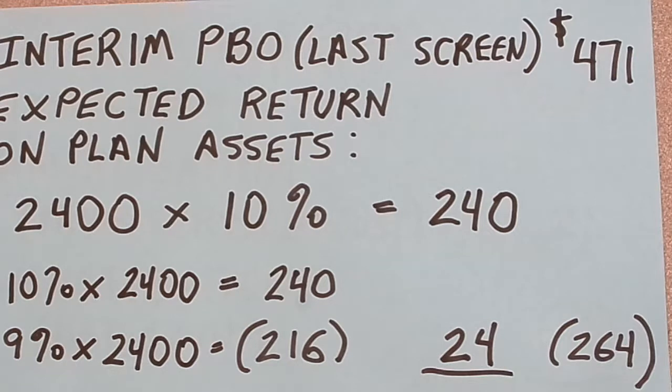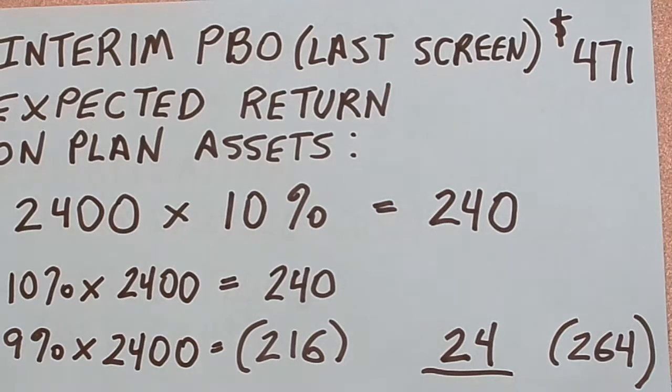So from our pension benefit obligation, which would have been 471,000, we expect a return on the plan assets of 264,000, and this means we can subtract that. We're not going to have to pay so much into the pension benefit obligation because we're actually getting a return on some of the assets we have.